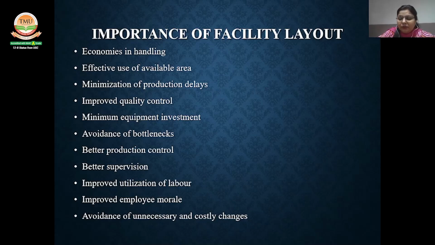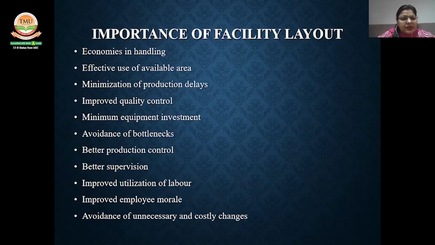It means if the production process is delayed due to some reasons in your organization, either lack of labor, lack of raw material, or lack of machinery, we have to reduce these so we can maximize our production, or minimize the production delay.